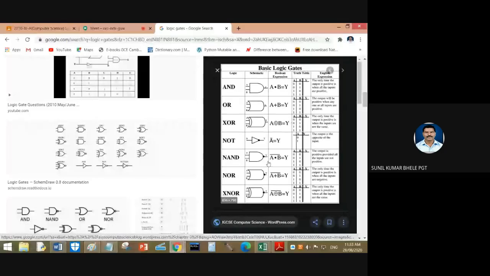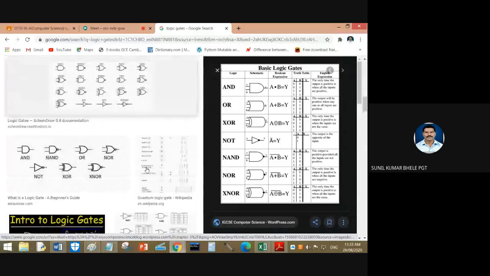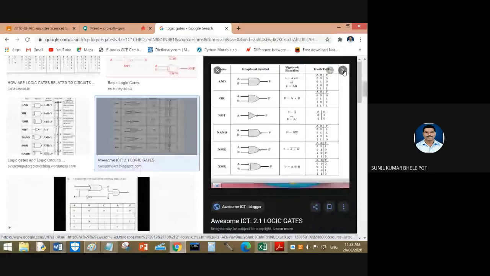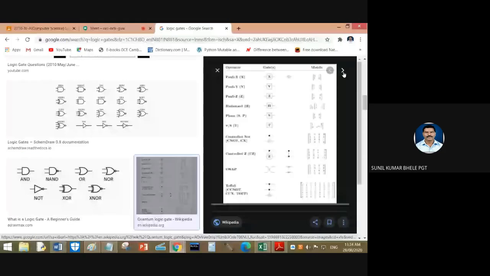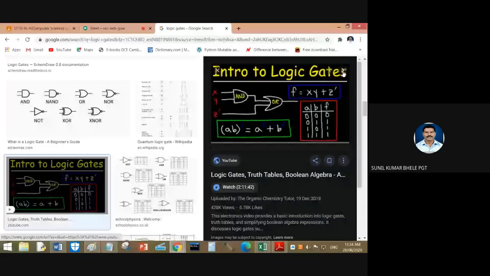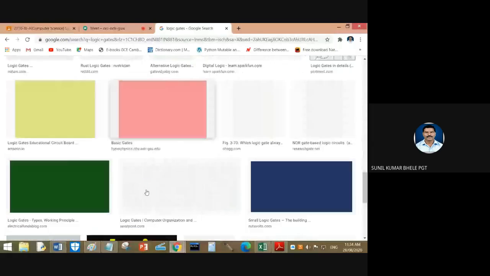Many such charts can be searched on the internet. Very nice charts and videos about logic gates are available. You can take the help of those videos also.